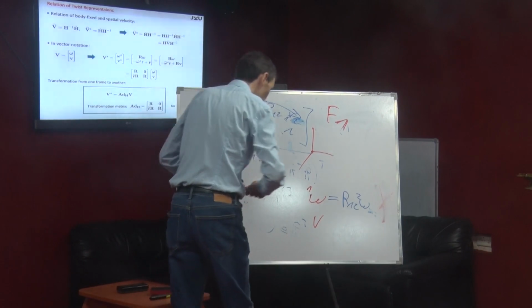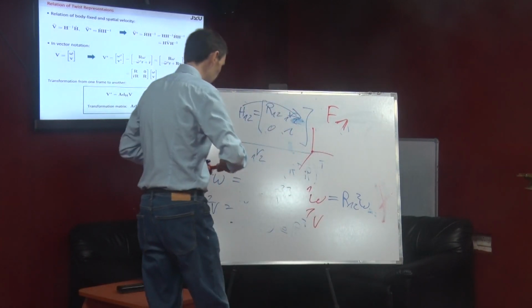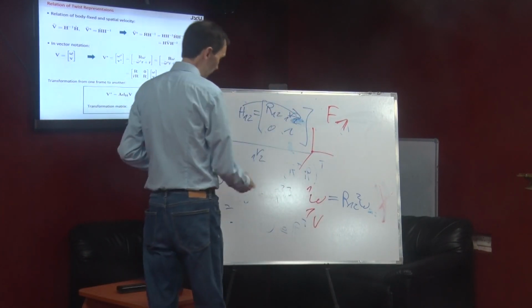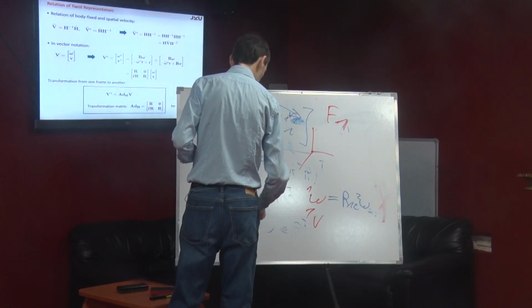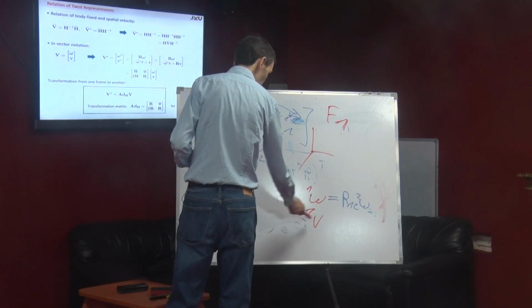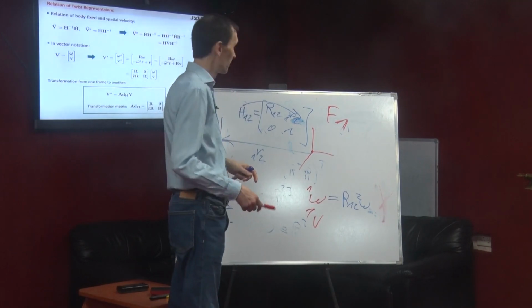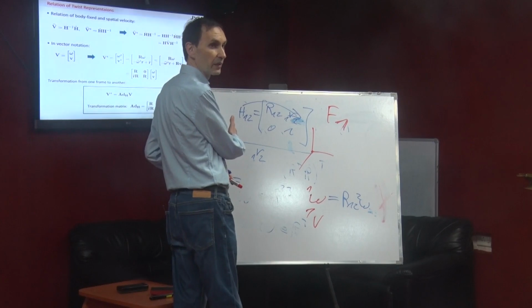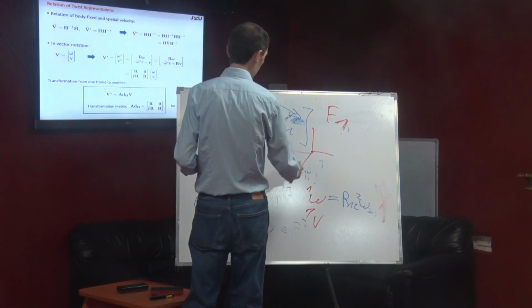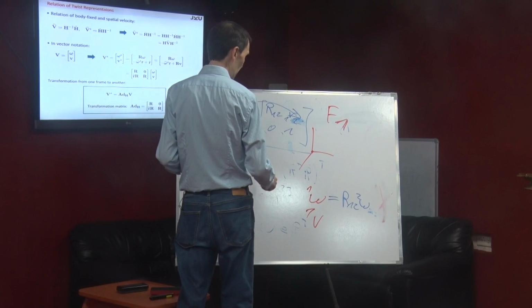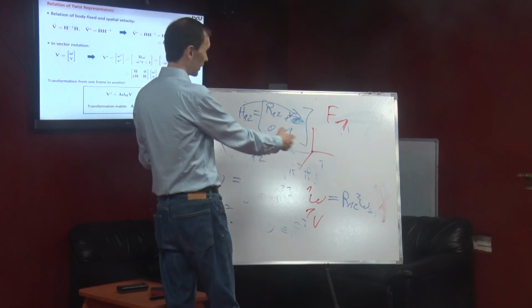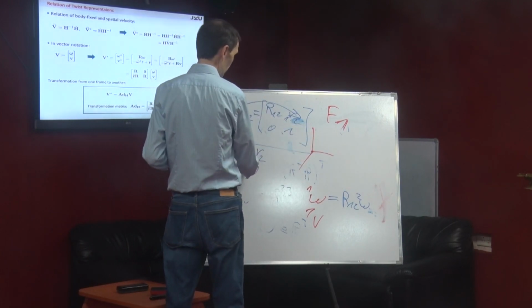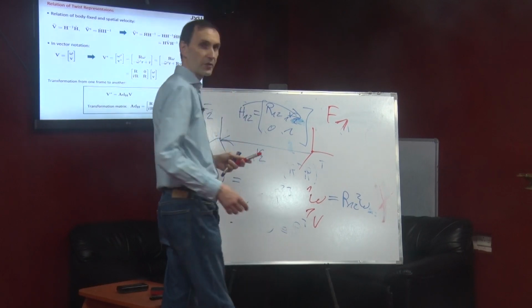We get, of course, that one is this one, plus something that you get due to the offset. So the linear velocity here and the linear velocity here is this one plus the one that you get due to the offset, which is omega cross this distance vector.